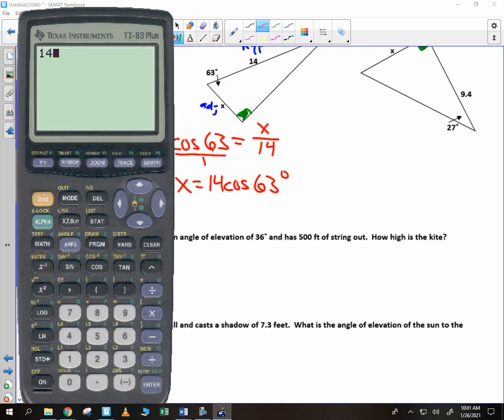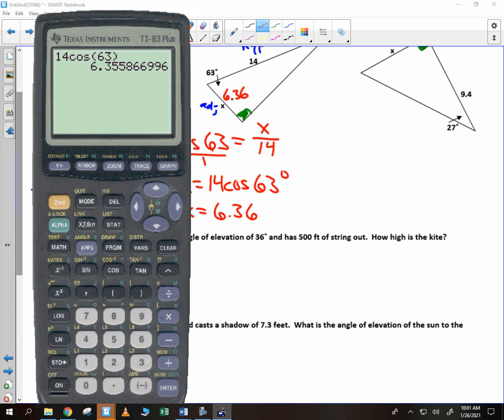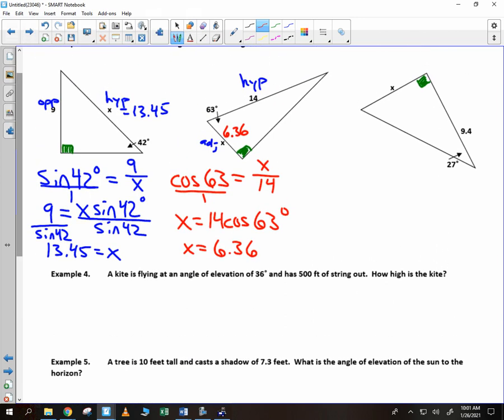I take the 14 and multiply it by the cosine of 63, and I get 6.36. Any questions on that one?